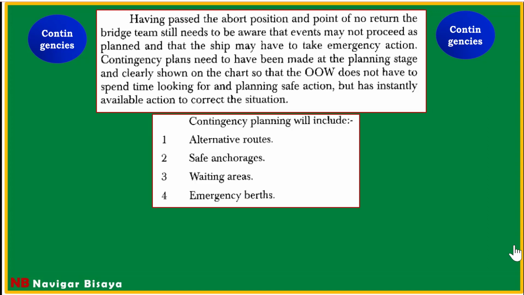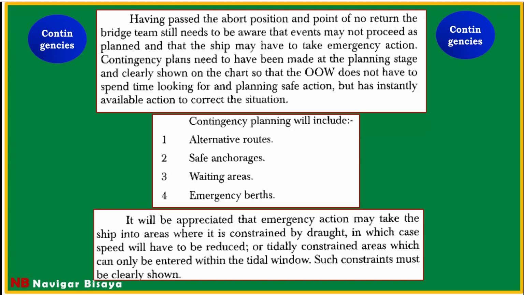Contingency planning will include alternative routes, safe anchorage, waiting areas, emergency berth. It will be appreciated that the emergency action may take the ship into areas where it is constrained by draft, in which case speed may have to be reduced, or tidally constrained areas which can only be entered within the tidal window. Such constraints must be clearly shown on the plan.